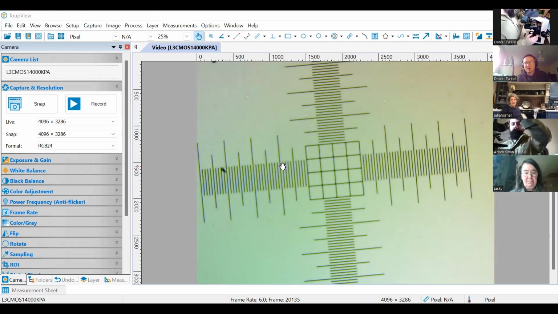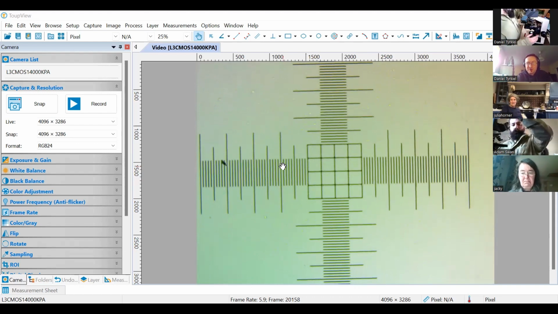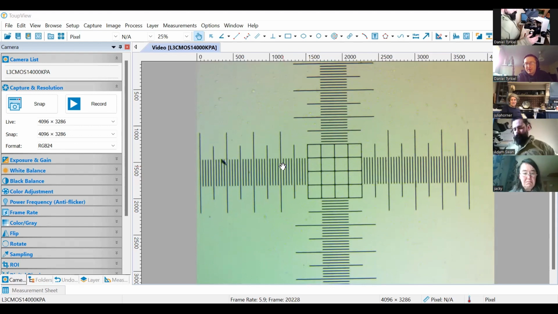So this calibration slide, by the way, you either get it with a camera when you purchase a microscope, or you buy it separately if it doesn't come automatically with the camera. And it's used to actually calibrate the grid that you see on the screen. But we actually never bother calibrating the software because we don't have to do that.